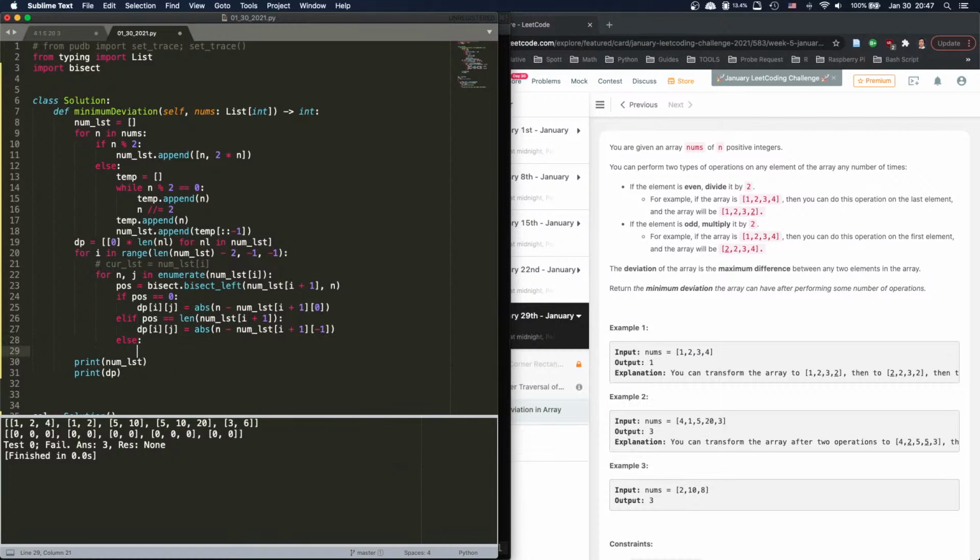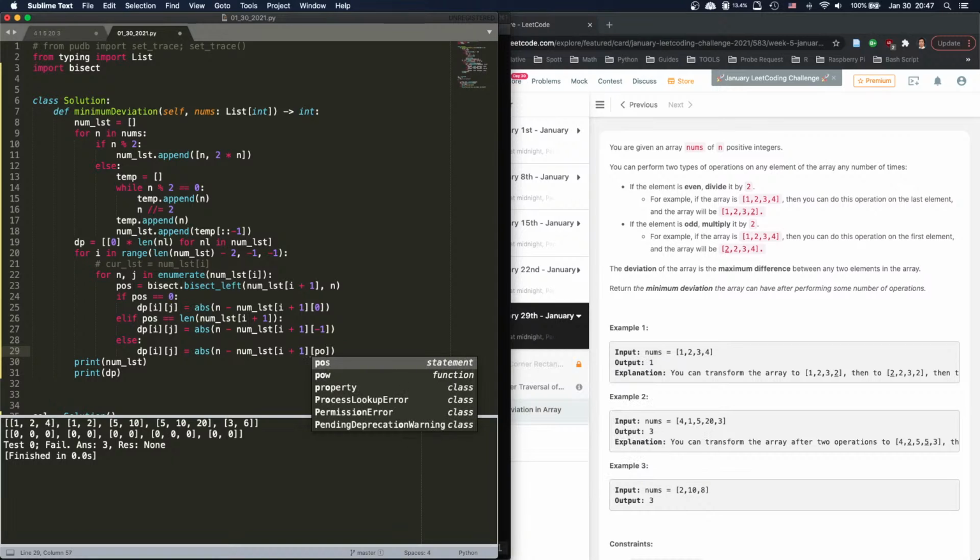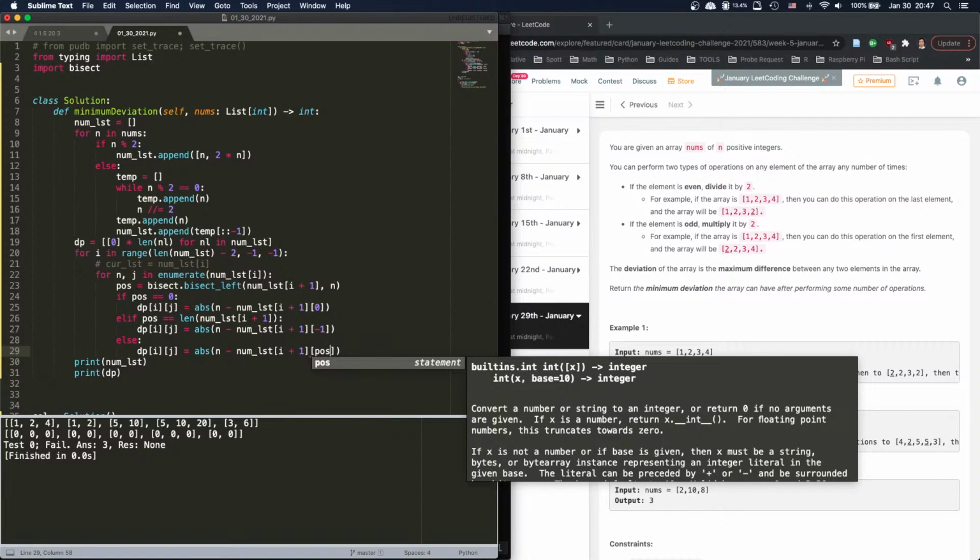Else, that means it's in the center. If it's in the center, then this equals this minus position, right? So we can insert here.